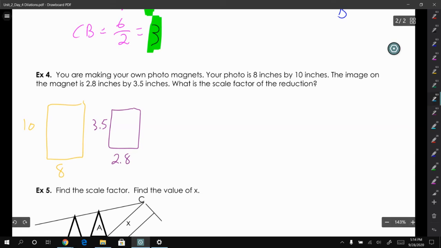So what we're going to do is take the final value and divide it by one of the original dimensions. But make sure you pick the correct corresponding one. So if I'm going to use 2.8, that means it needs to be divided by 8. Or if I would have picked 3.5 first, it needs to be divided by 10.